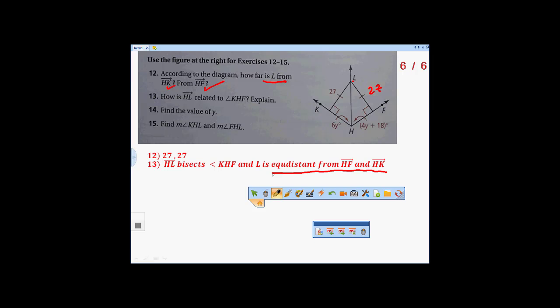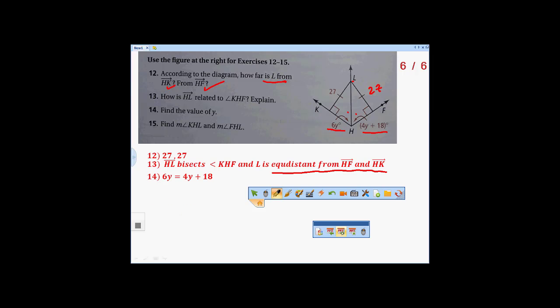Question number 14. Find the value of y. Here I have the measure of this angle 4y plus 18, and the measure of this angle 6y, and we said before that HL is a bisector. It means the measure of this angle is equal to the measure of this angle. So I can write 4y plus 18 is equal to 6y.